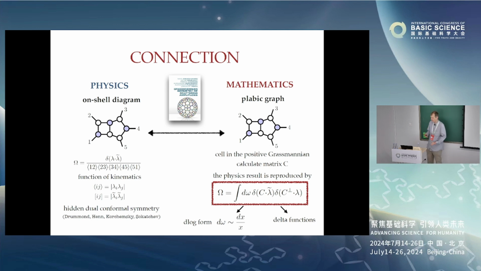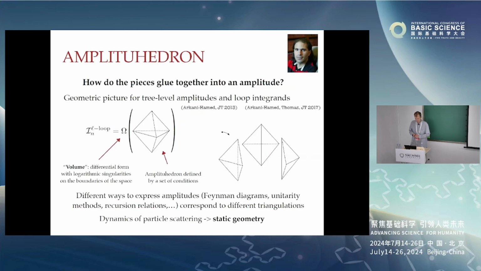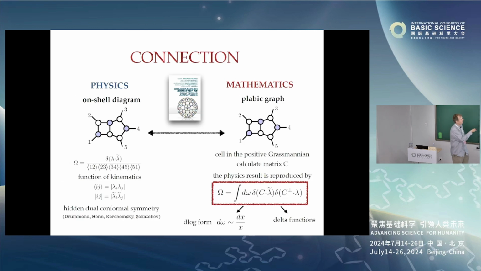So there is a completely dual prescription here on the right-hand side for how to calculate these objects in amplitudes on the left-hand side. Okay, and so here there is this connection between both sides.